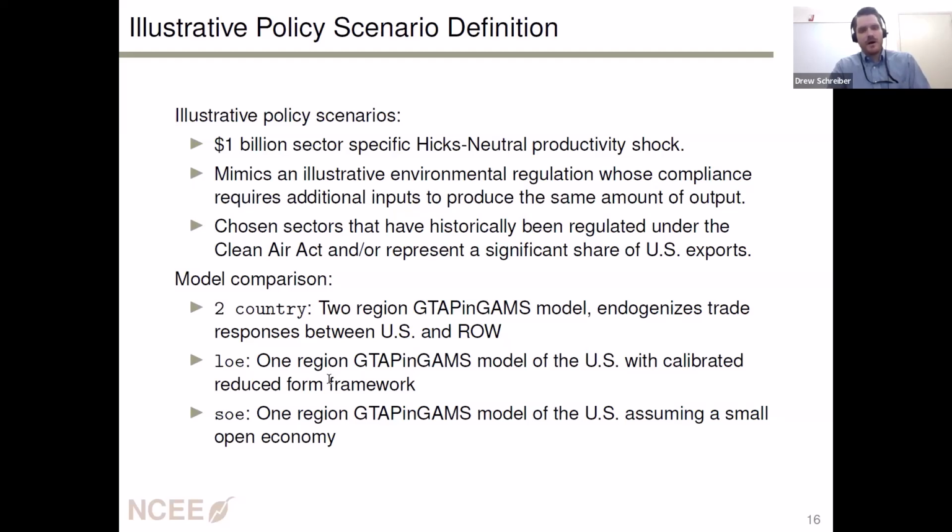The model comparisons are: a 2-country model where we aggregate the 2-region GTAP and GAMS model to the US and the rest of the world, which has the standard bilateral trade as in GTAP. Then we have an LOE version, a 1-region GTAP and GAMS model of the US with this calibrated reduced form framework. And then we have an SOE version, the 1-region model of the US where we assume price-taking behavior.